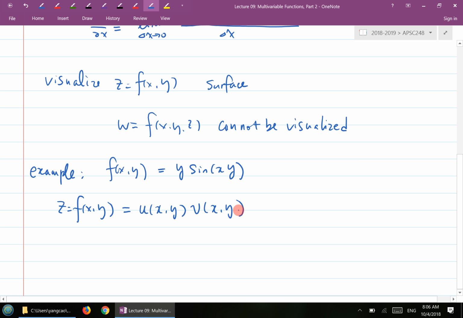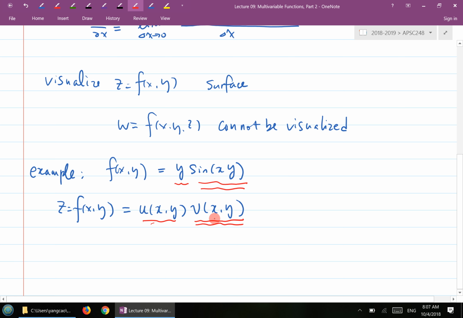So this function f consists of two portions, two parts. One is u, one is v. Essentially, u here is the y, and v here is the sine xy. So there are two terms here, right?